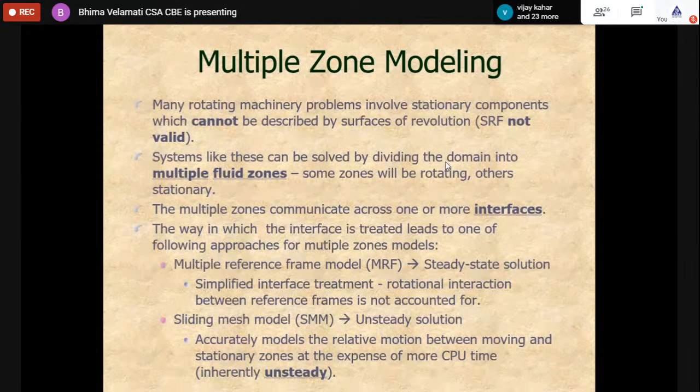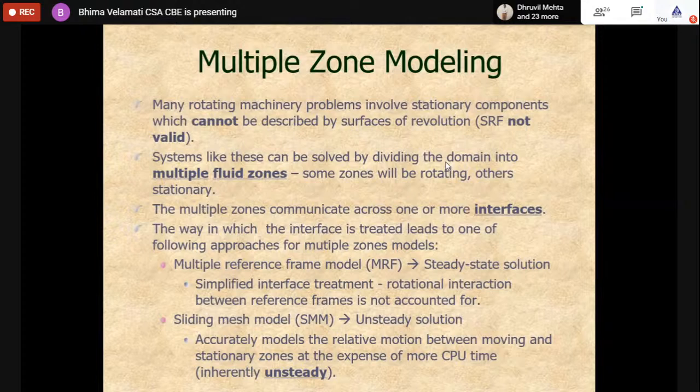So that means I have to have two fluid zones. One is rotating, the other is stationary. That is where you use something called multiple reference frame. The only benefit of multiple reference frame is that a part of the fluid domain can be stationary and the remaining part is rotating.